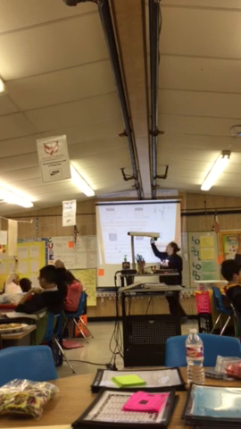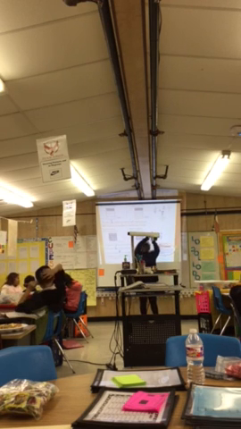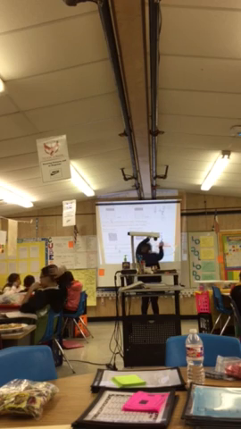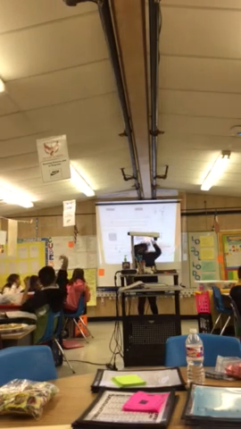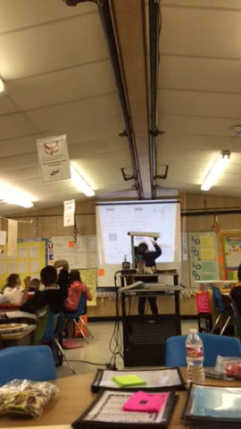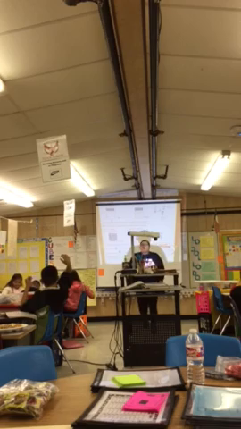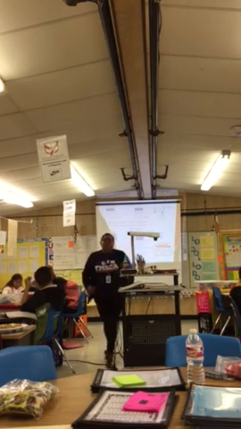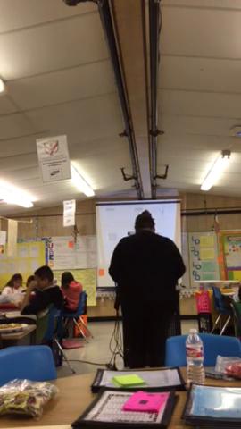Cross multiplication, yes. So we are going to multiply the numerator of the first fraction with the denominator of the second fraction and see what their product is. Then you're going to multiply the denominator of the first fraction with the numerator of the second one and see what their product is. And if they come out the same amount, then that means they are equivalent fractions.